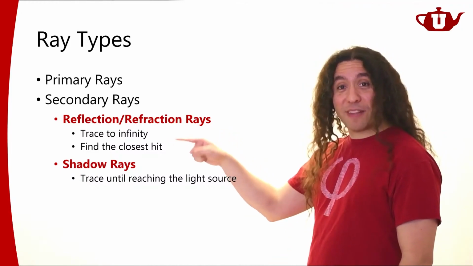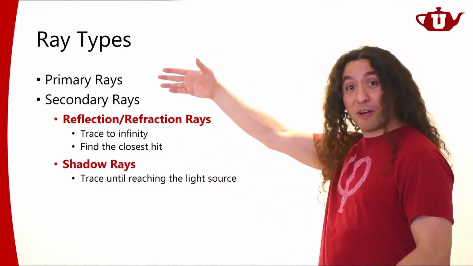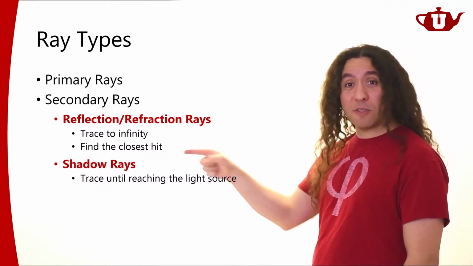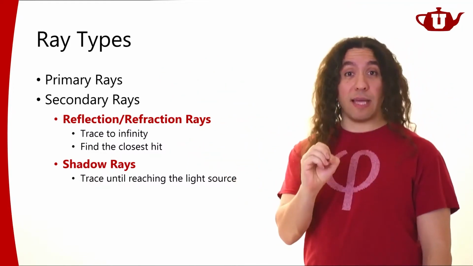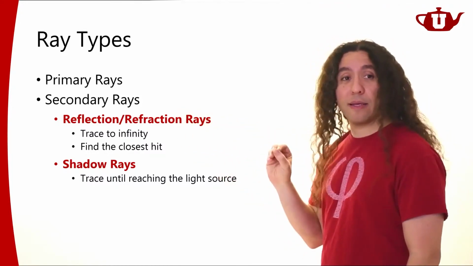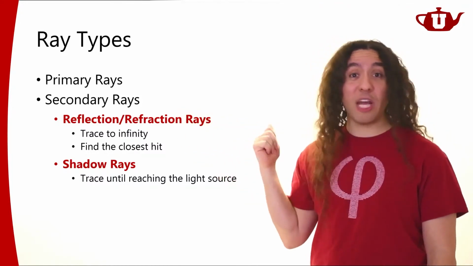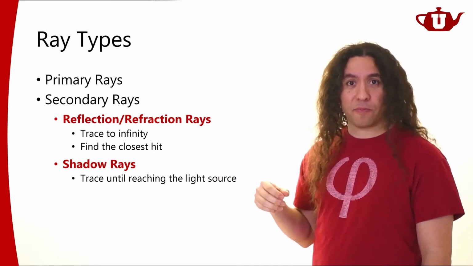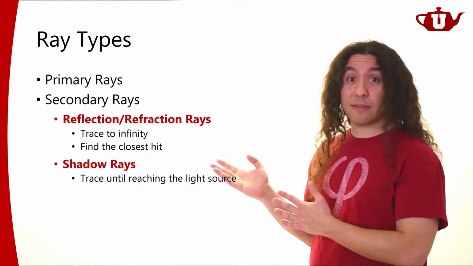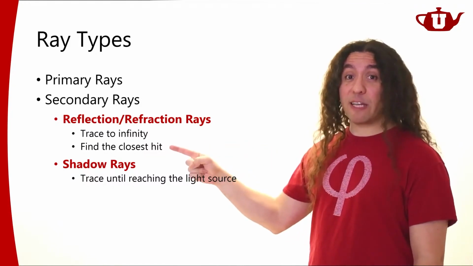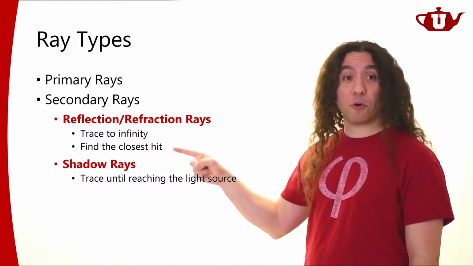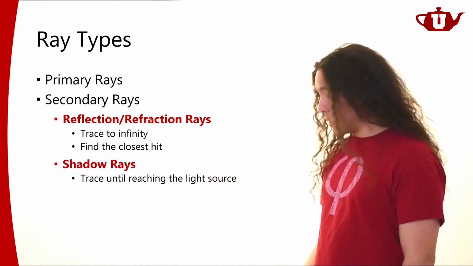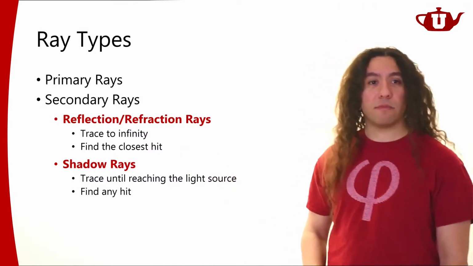When I'm tracing reflection rays or primary rays, I need to make sure that the hit that I found is the closest hit, the first one along the ray. If I'm not sure, I need to continue checking all possible other intersections with other objects, because maybe I'll find the closer hit. It's very important that I find the closest one, because that's the one that I'm going to be shading. But over here, with shadow rays, I don't care.